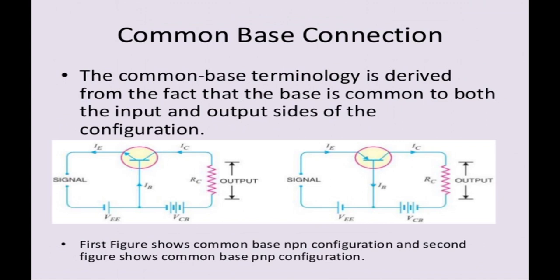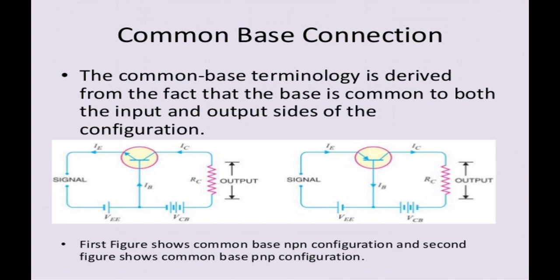The common base terminology is derived from the fact that the base is common to both the input and output side of the configuration. You already did this in the practical amplifier in ICAD, the first amplification circuit.